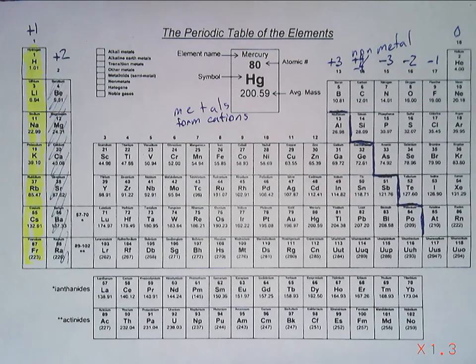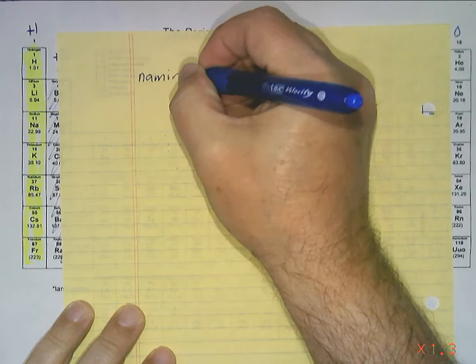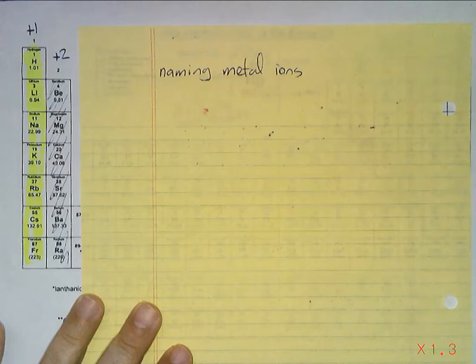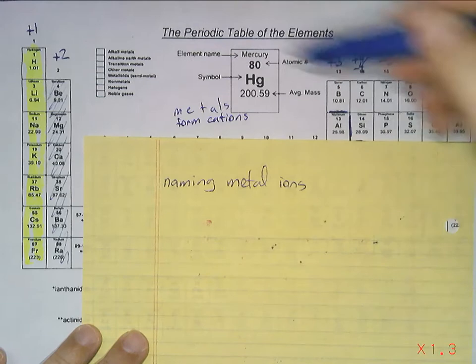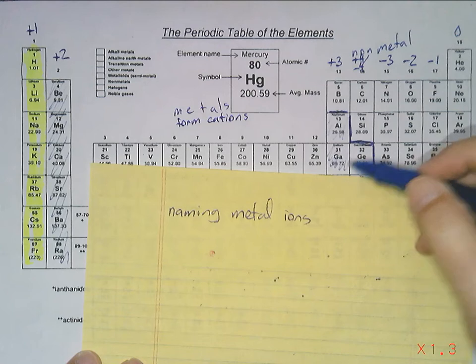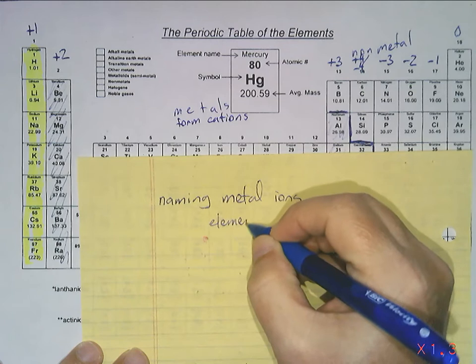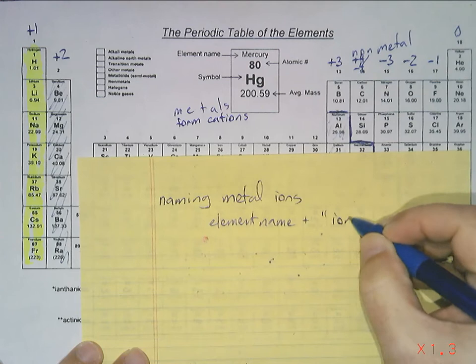Now, what do we call metal ions? Let's look at metal ion names first. If you've got a metal that is here, or aluminum, or gallium, all you got to do is take the element name and add to it the word ion.